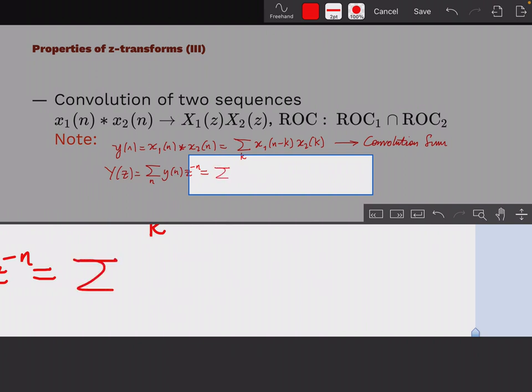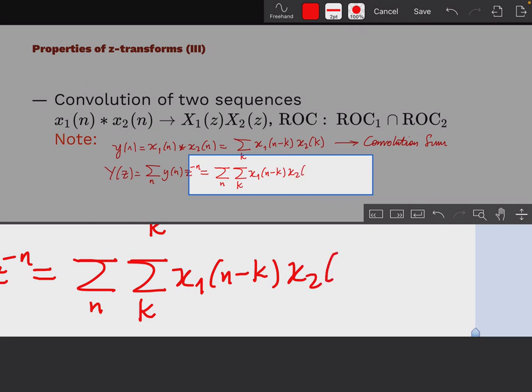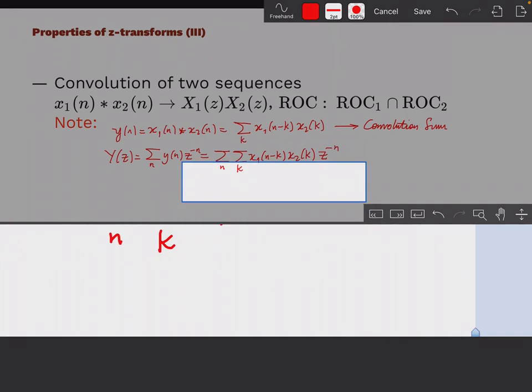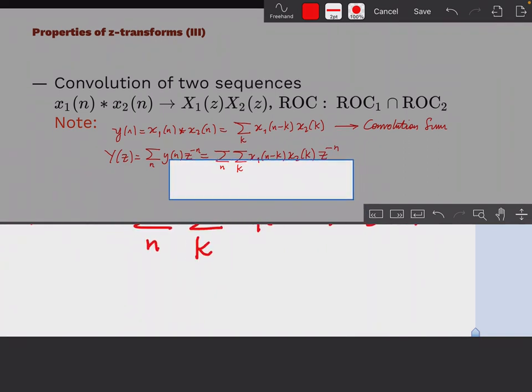So for all n, and then for all k, x1 of k, x2 of n minus k, z to the power minus n. That's good. So we're just going to factor out z to the power minus k from the z term here. So let's write it down as this.